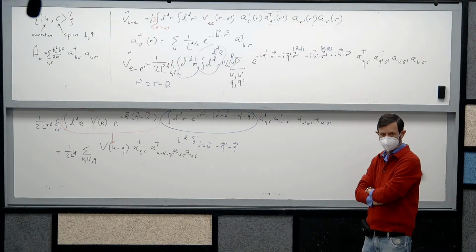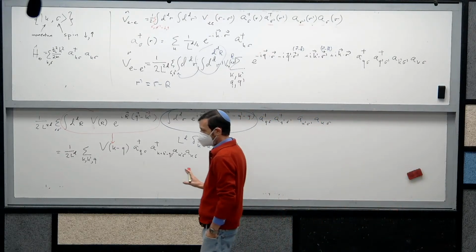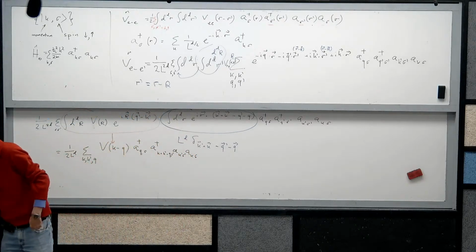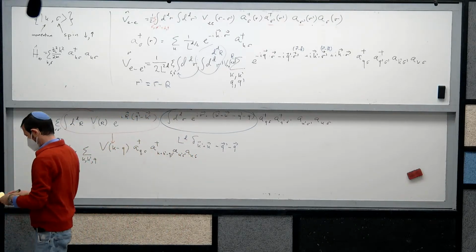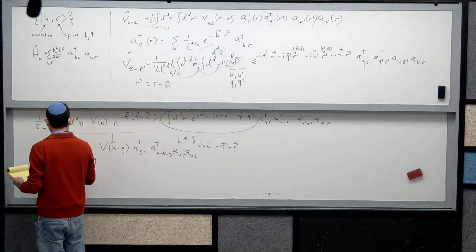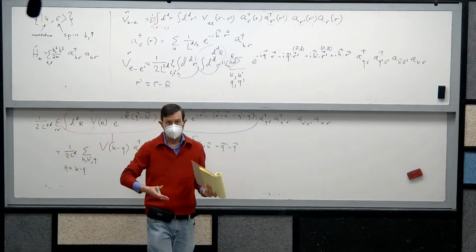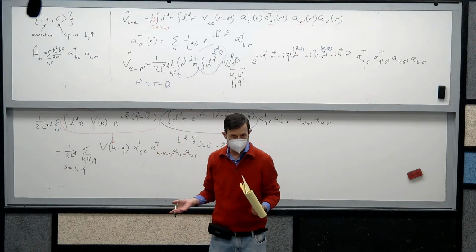Okay. Now just one cosmetic massaging. I'll define Q as K minus Q. Because I go to infinity, it doesn't matter here anything.